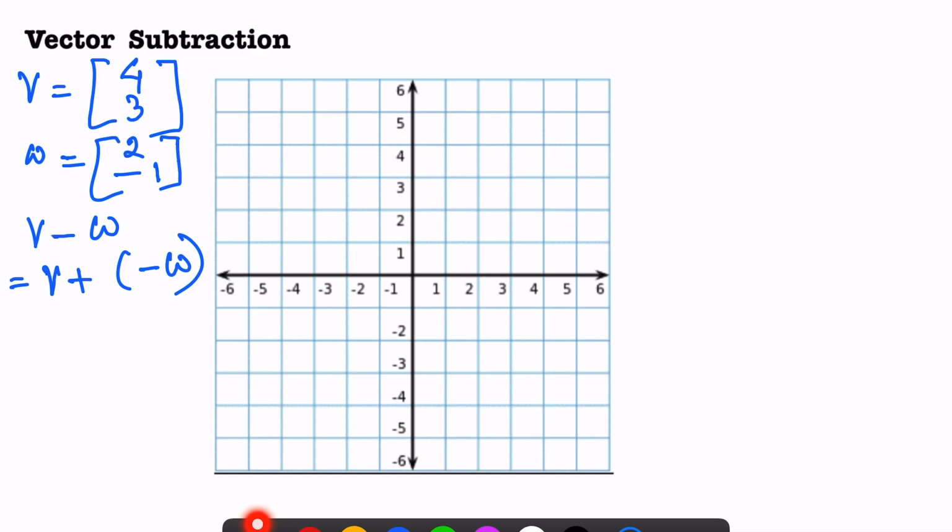Let's first draw the two vectors. Vector v is 4, 3, meaning 4 steps in the positive x direction, then 3 steps in the positive y direction. So vector v is this.